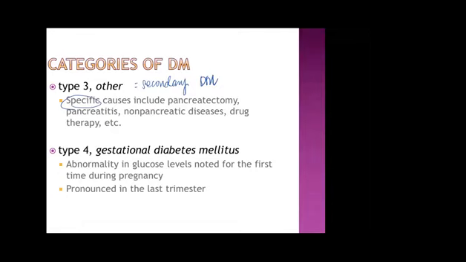For example, when there is surgical removal of the pancreas, common sense, kapag removed ang pancreas ng patient, edi wala nang tagagawa ng insulin. So, may specific cause, may procedure na ginawa. Secondary DM yon. And other related causes like pancreatitis, non-pancreatic diseases, drug therapy, and so on.